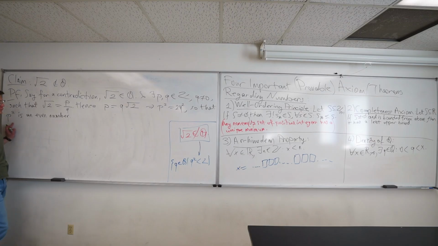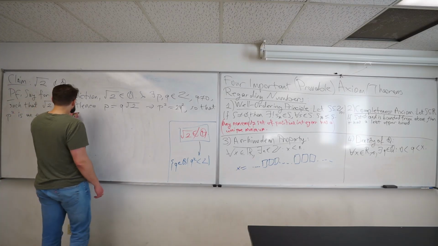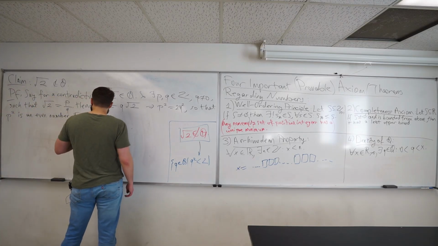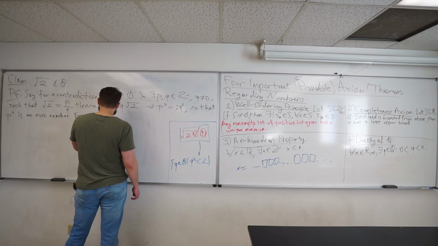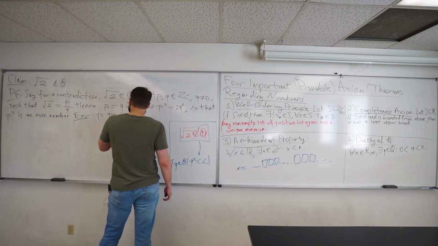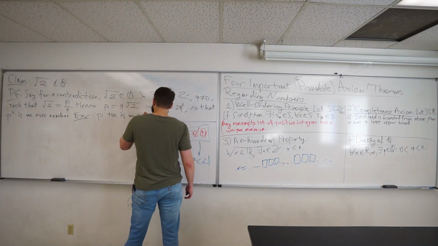If p squared is an even number, then p has to be an even number also, again by this even times even whatever. I'll leave that part to you. Exercise. P is an even number.